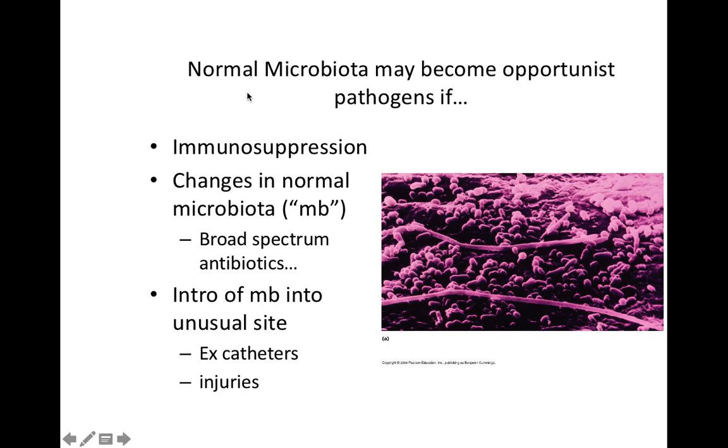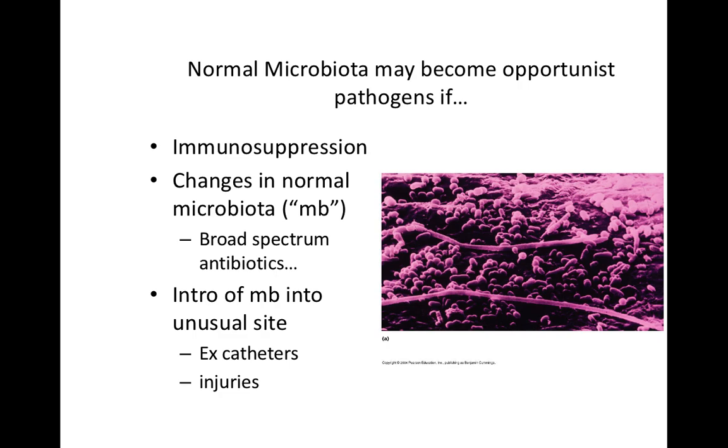So the members of the normal microbiome or microbiota can become opportunistic pathogens, meaning they can switch over to being parasites if given the proper opportunity. For example, if your patient for any reason is immunosuppressed, maybe they are undergoing cancer therapy, maybe they're receiving steroids for some kind of chronic inflammatory disease.